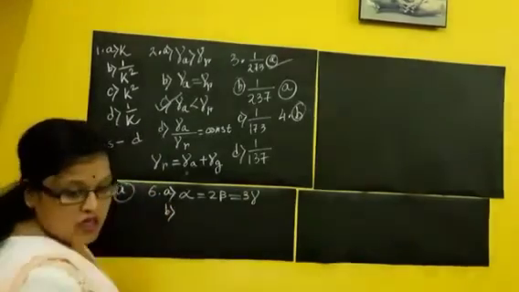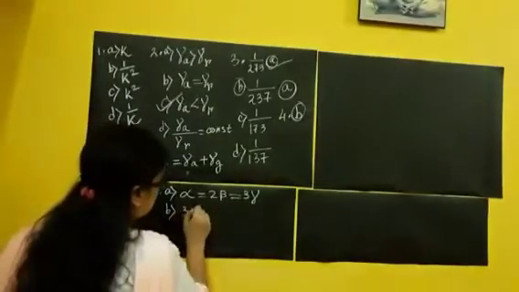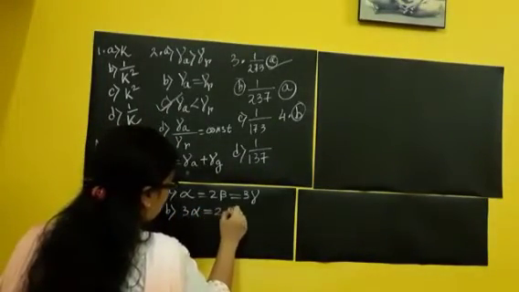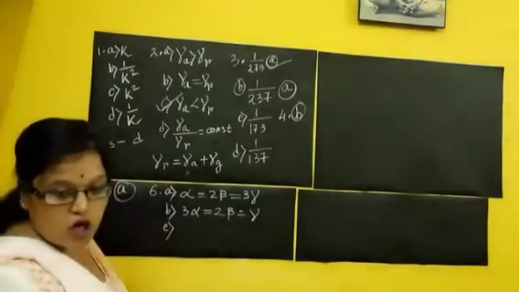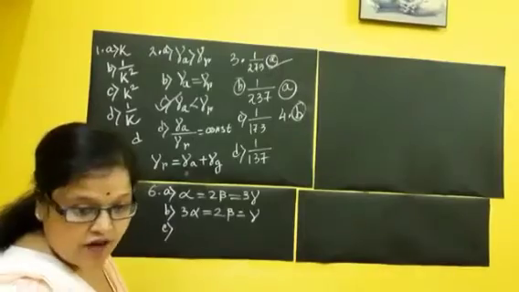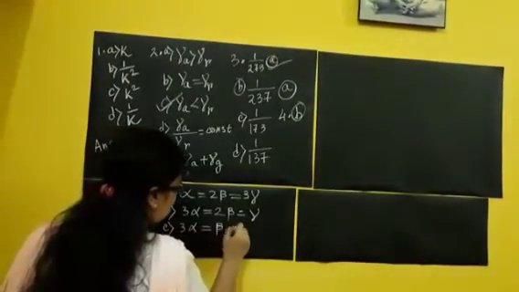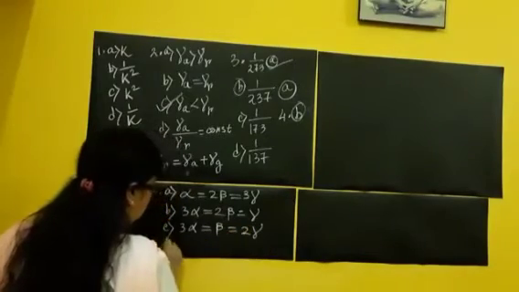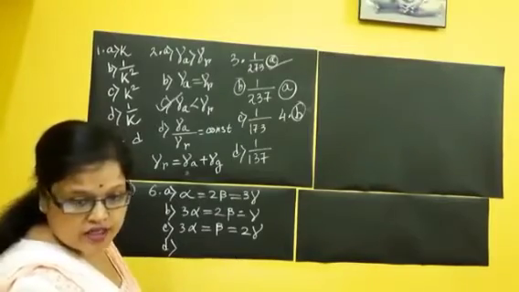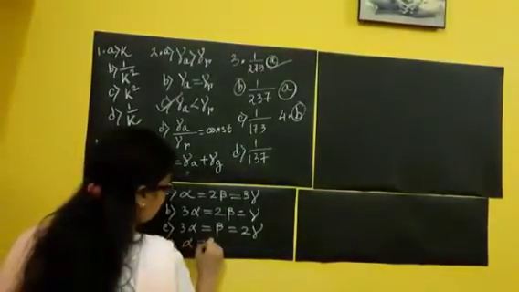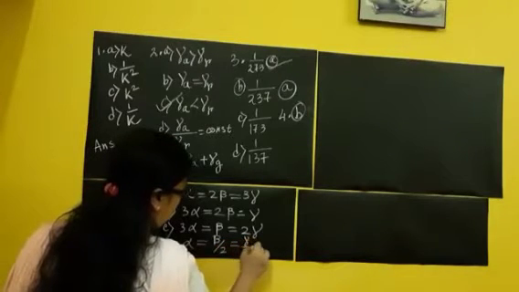Option B is 3 alpha equal to 2 beta equal to gamma. Option C is 3 alpha equal to beta equal to 2 gamma. And option D is alpha equal to beta by 2 equal to gamma by 3.